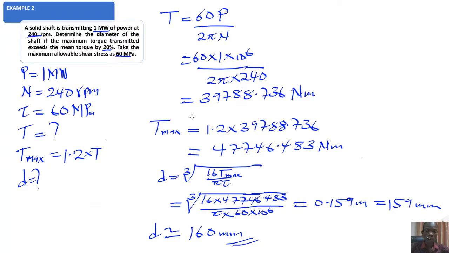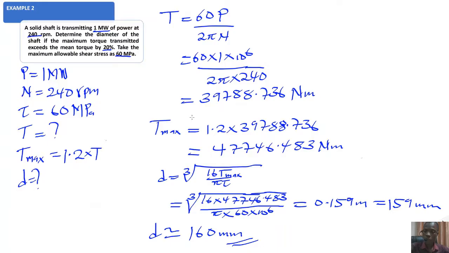And usually when the machine is still, static, and we are putting it to motion, the torque required to set it into motion may be higher than the normal running torque of the machine. So usually this torque is higher than the mean torque, the normal running torque, and that is where the 20% increment may come in.